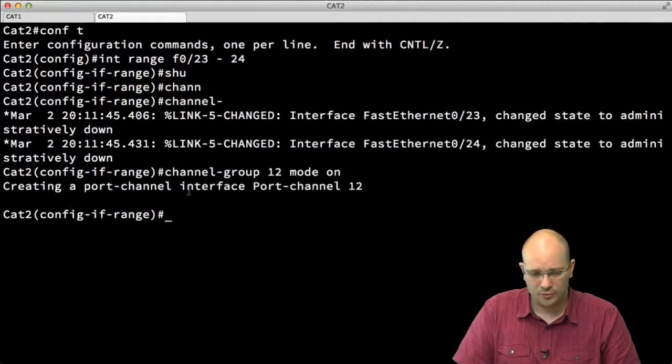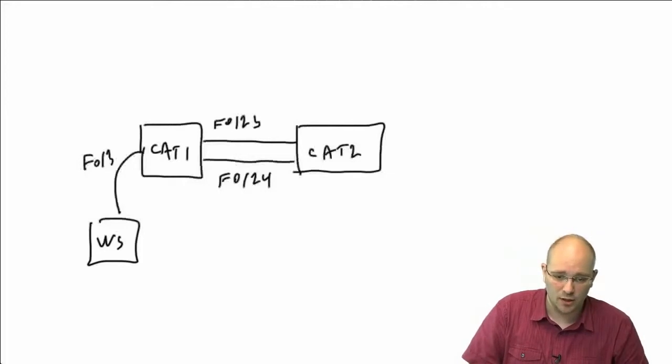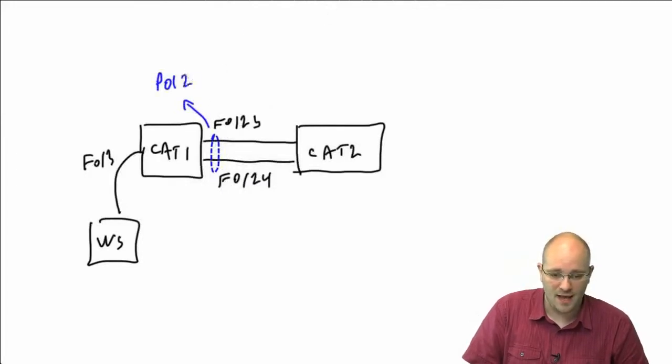Now, I should point out here that in my case, on both sides of the link, I have created EtherChannel 12. So on this side here, I have created port channel 12. And on this side here, I have also created port channel 12.